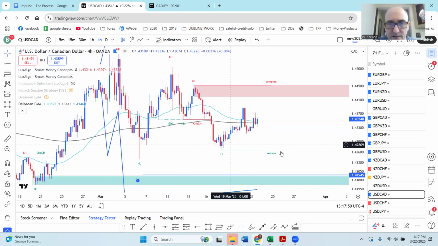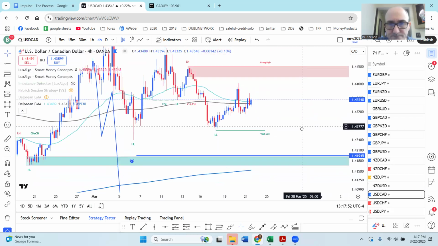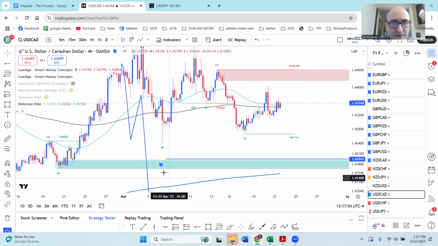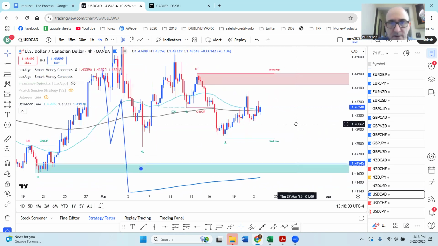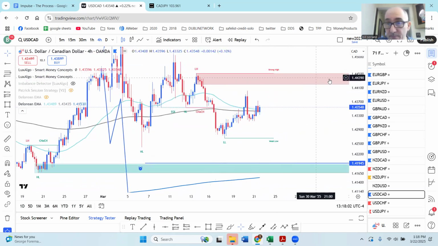USD/CAD. This, we're waiting for price to come down to this area right here, right? This supply zone up here that's printed, we would use that for what? That would be our profit target.